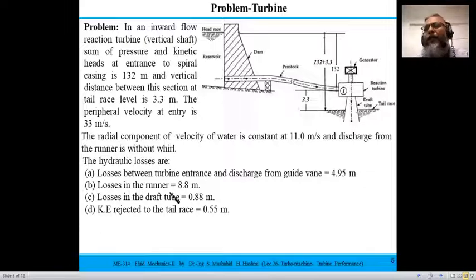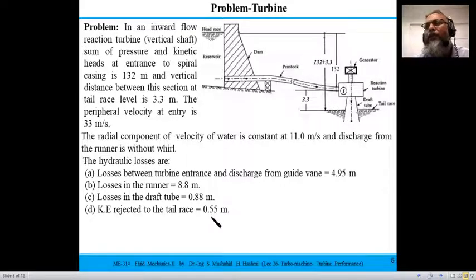And in the runner there is a head loss of 8.8 meter, and some losses in the draft tube which is 0.88 meter, which is much smaller. Some of the energy is rejected to the tail race because your velocity at the downstream side may be some velocity so that the water should not accumulate here, water must leave.